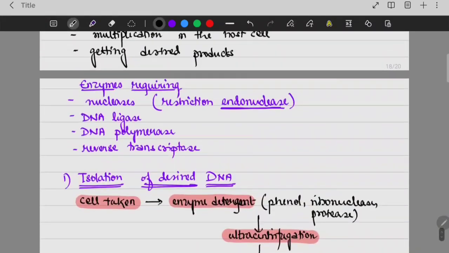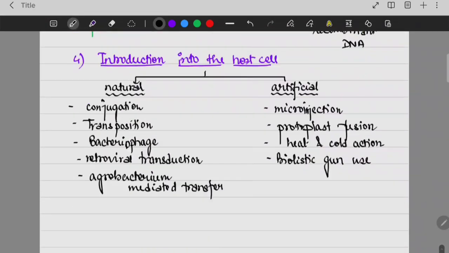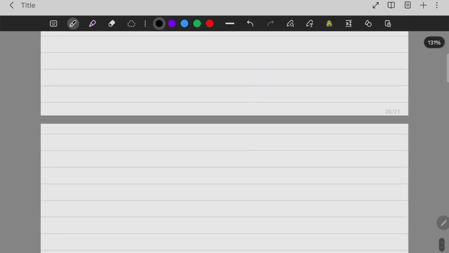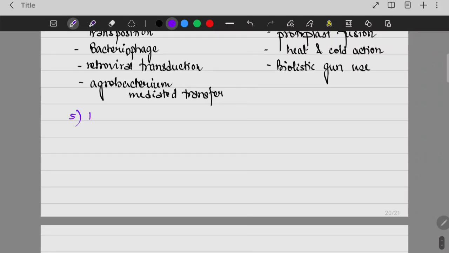Now the fifth one is the multiplication in the host cell. There we will choose cells which have specific antibiotic resistance.